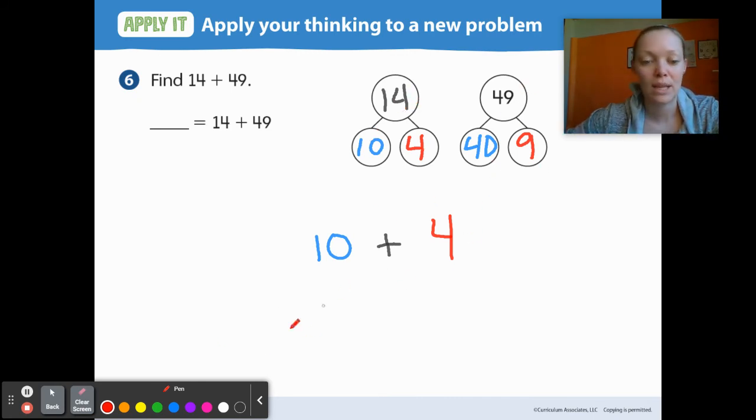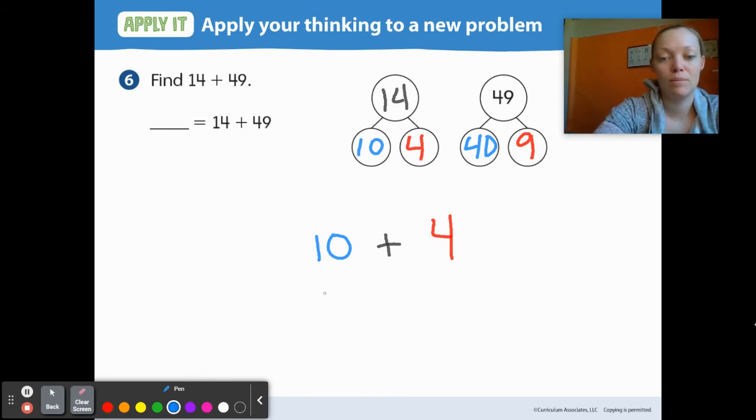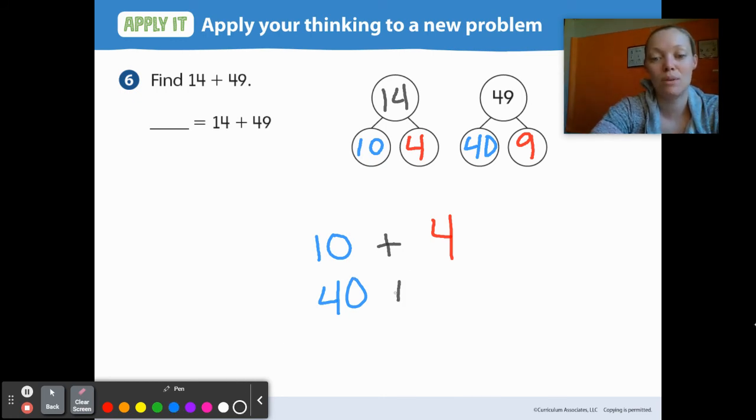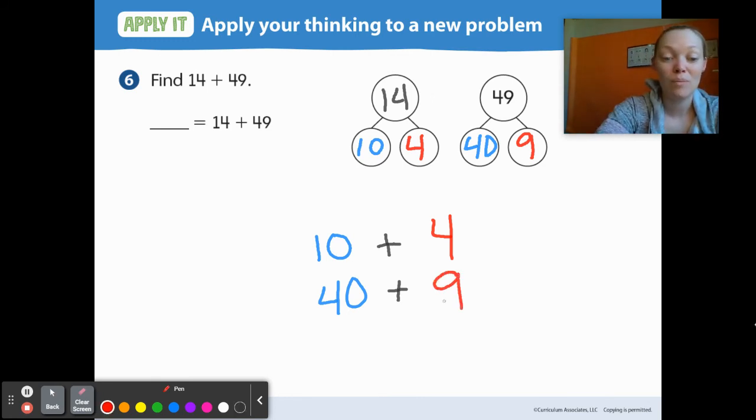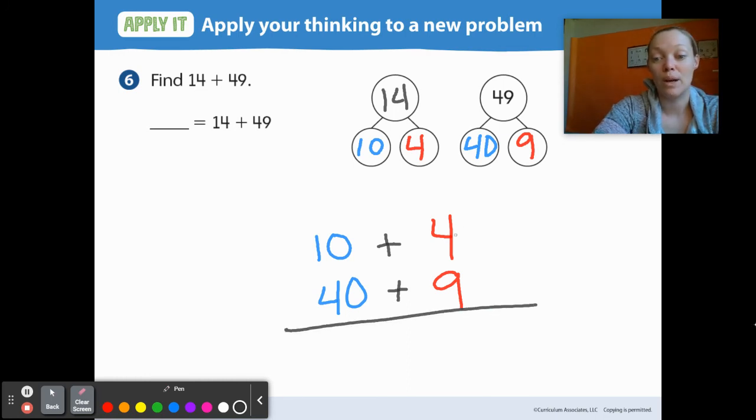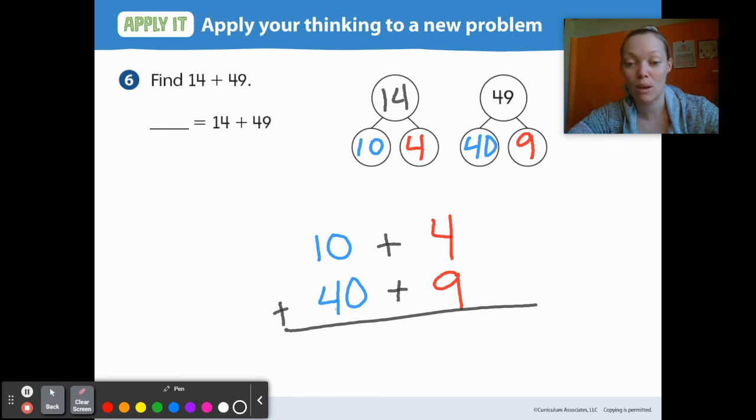And then we'll do 49 down here. So 40, stacking my friendly numbers or my 10s, lining those up, and then making sure to include the 1s. So now my 1s are organized together and my 10s or my friendly numbers are organized together. 4 and 9, what does that make?